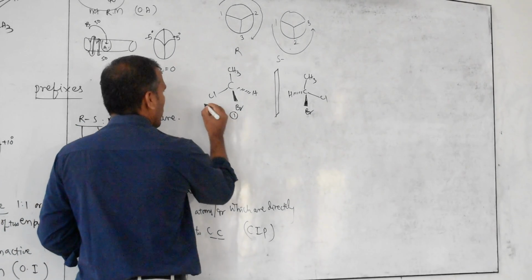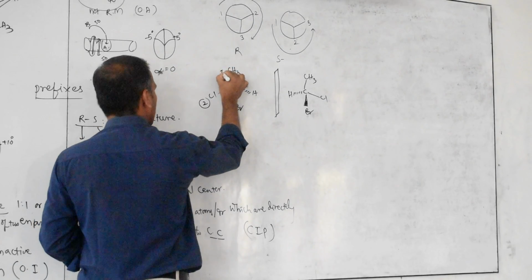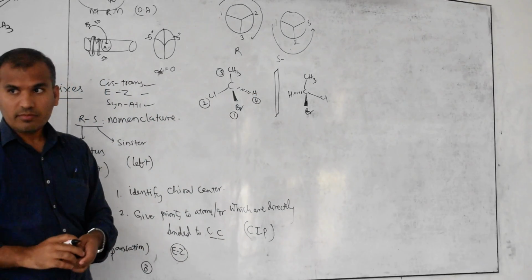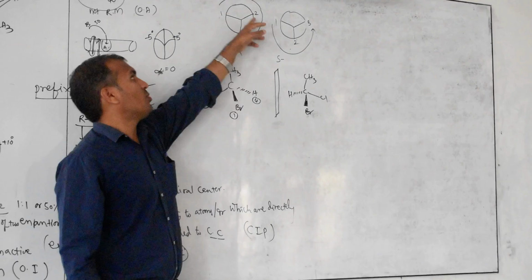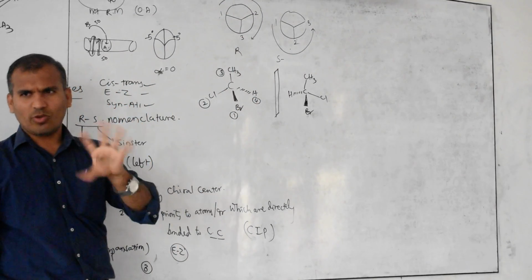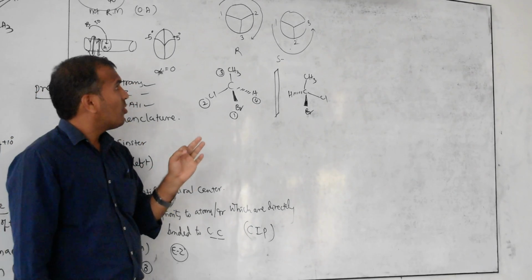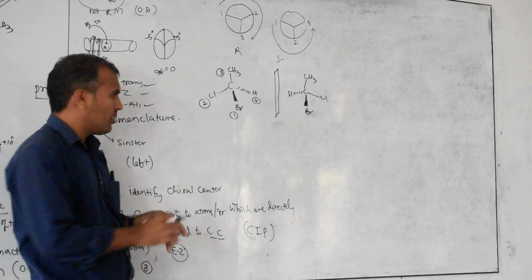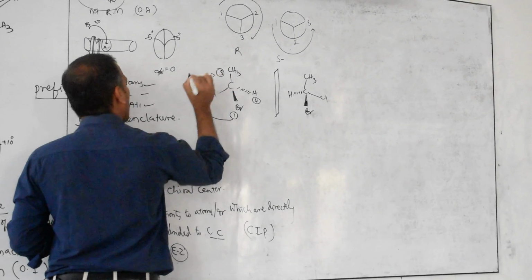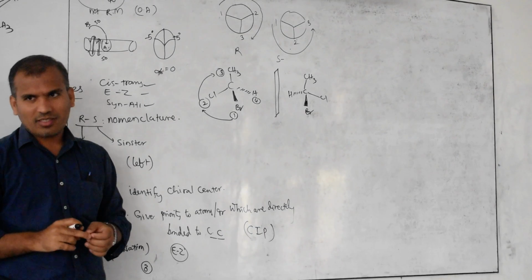Bromine 35, chlorine 17, carbon 6, then it is third, and here this is the fourth. You may ask, only 1, 2, 3 are there, but here up to 4. The fourth one we are not considering, only 1, 2, 3. Now, 1 to 2, 2 to 3. Which direction is this?